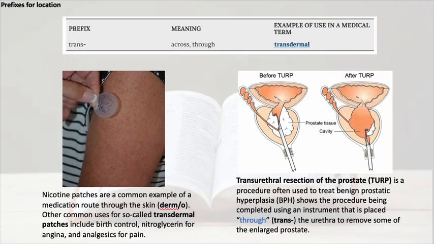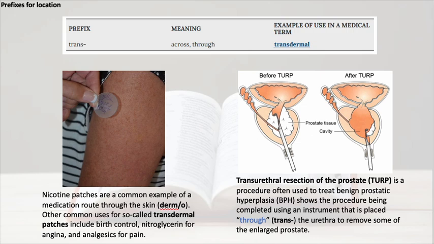We talked about the various planes in which we can kind of view cross sections of the body. So trans was relevant there when we were talking about the horizontal planes. Now, for these examples, we have transurethral resection of the prostate. So trans meaning through, urethral relating to the urethra.